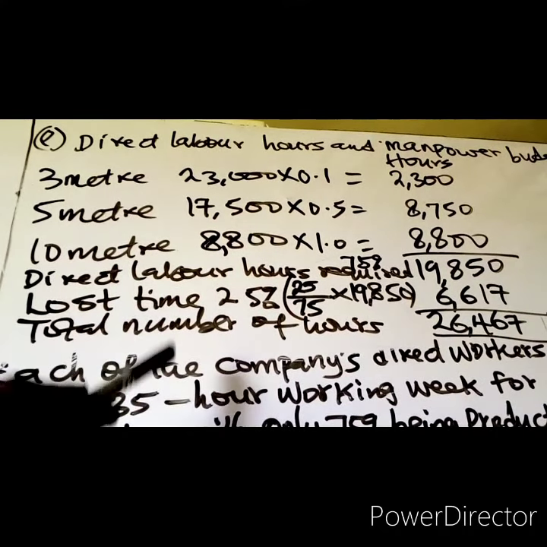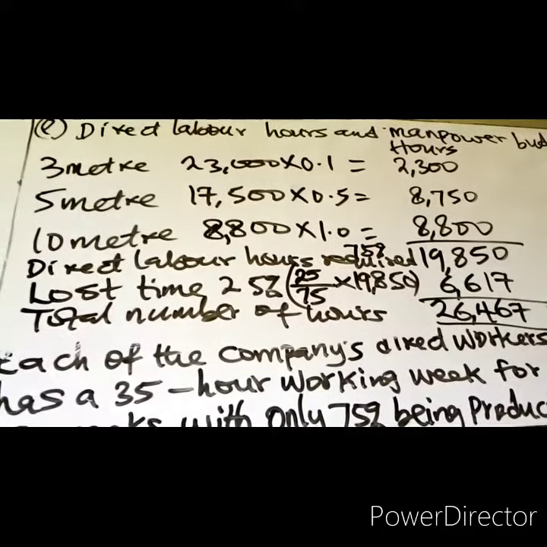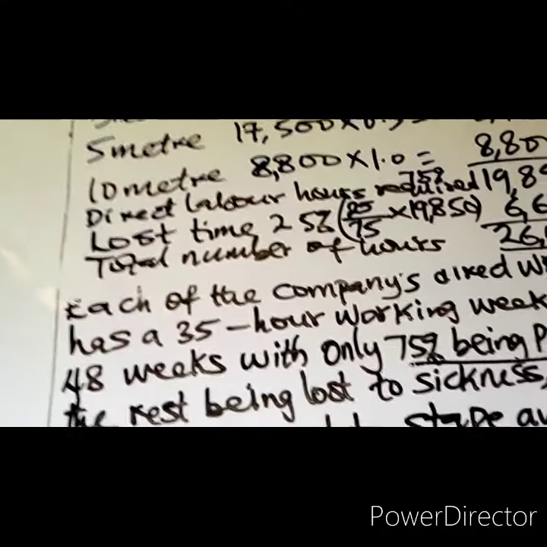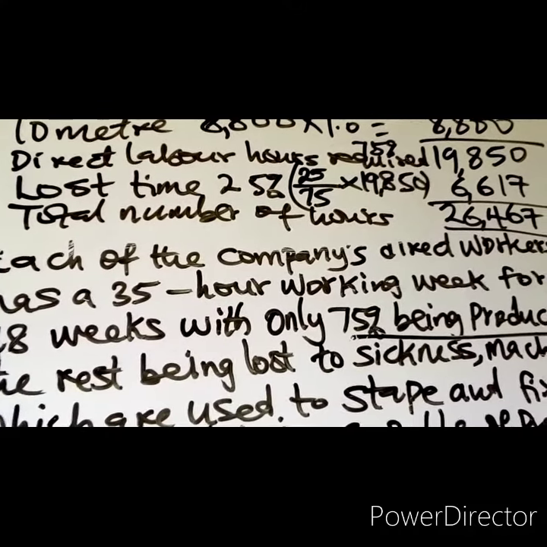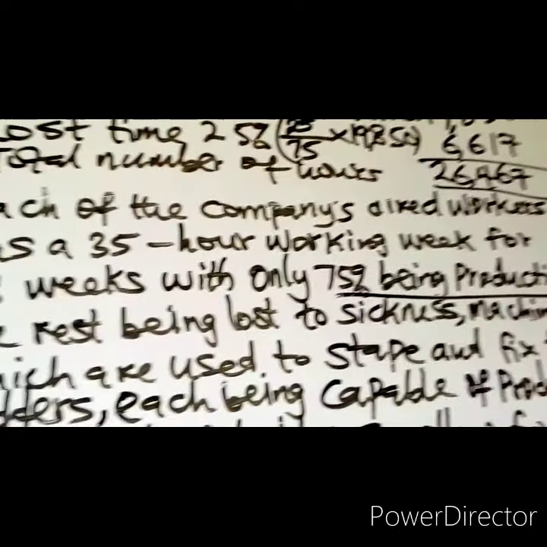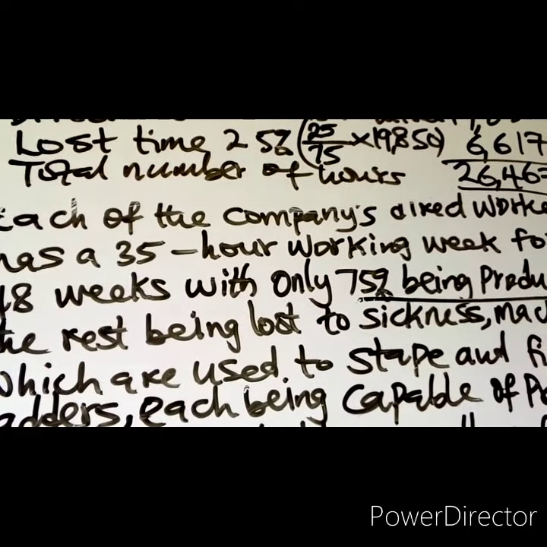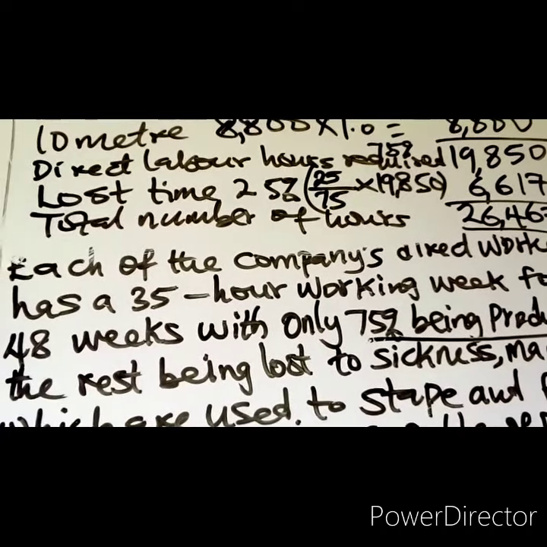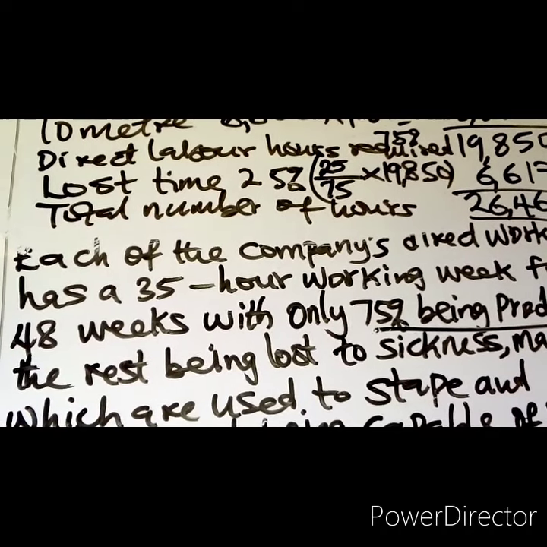You were told each of the company's direct workers has a 35-hour working week for 48 weeks. Now, how many hours will be required? Number of hours per staff per year.